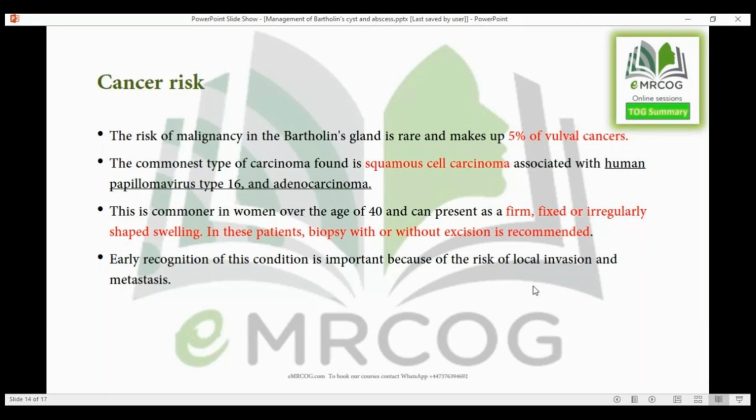When I'm having a postmenopausal patient with recurrent abscess or cyst, when I'm having a presentation of firm, fixed, irregular shaped swelling, this is when I should take a biopsy with or without excision. A firm or fixed or irregular shaped swelling is very prone to be a malignant lesion. So early recognition of this condition is very, very important.